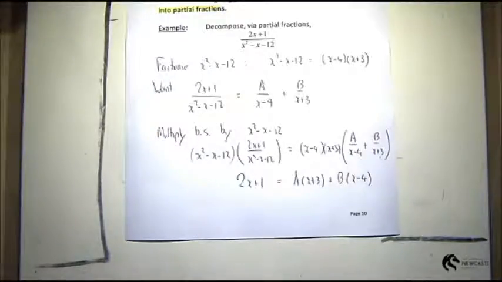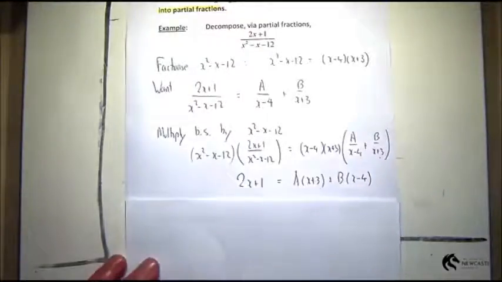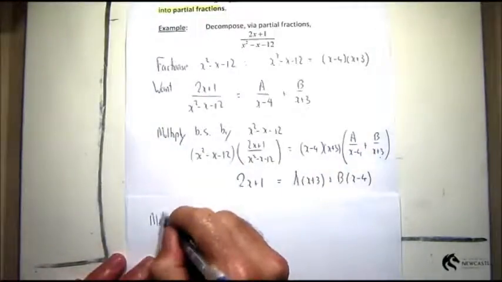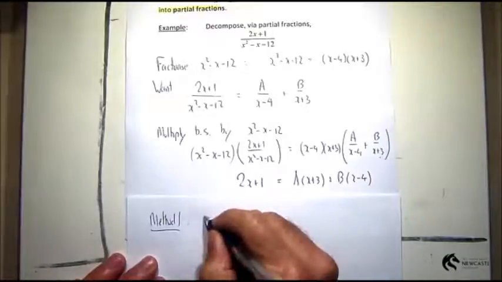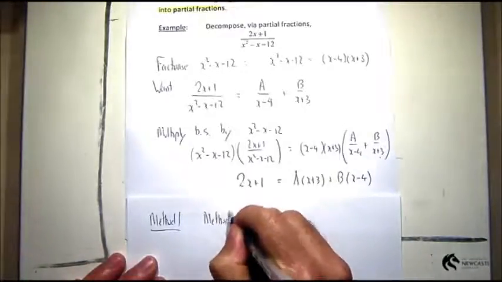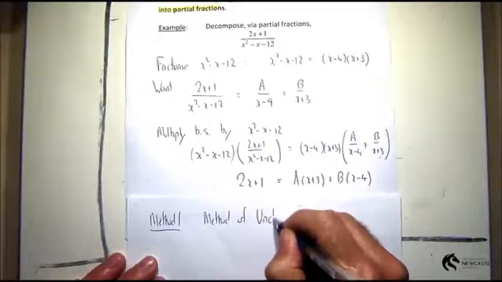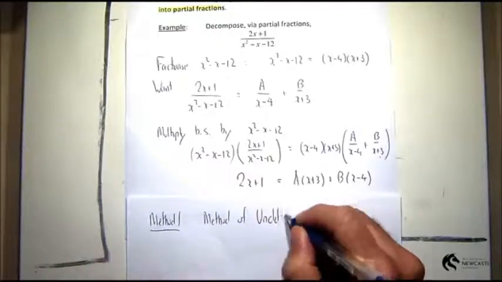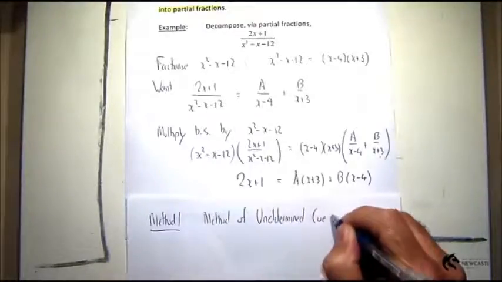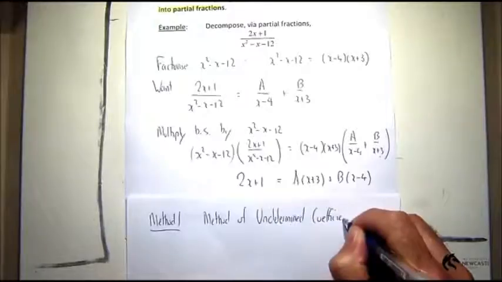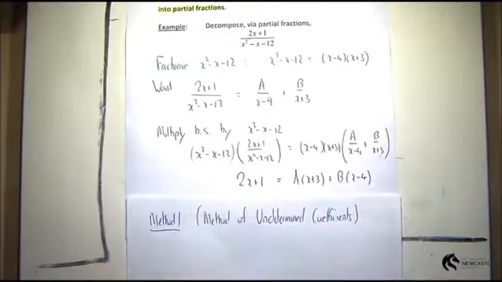And again, I noticed the notes has two methods and has given them two different names. So let me do the same. So I'll say here, method 1, I think the notes call this the method of undetermined coefficients, which again makes it sound really difficult, but I don't think it is.